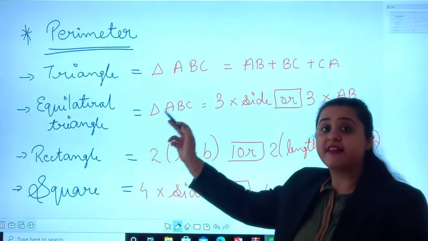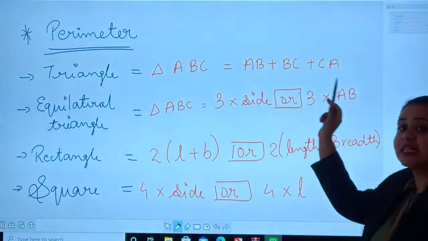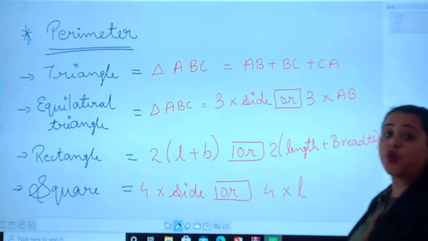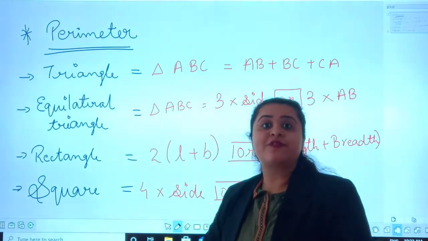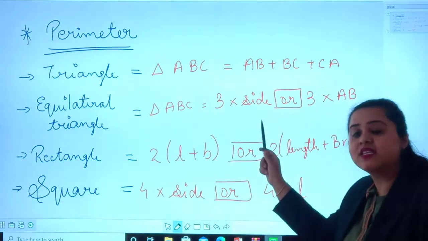Perimeter of triangle equals AB plus BC plus CA. The next formula was perimeter of equilateral triangle, that is 3 into side.